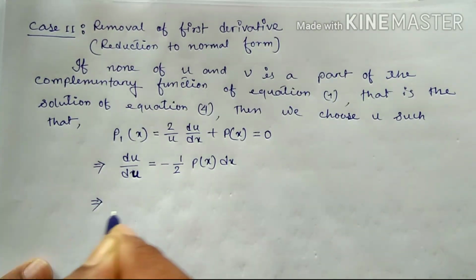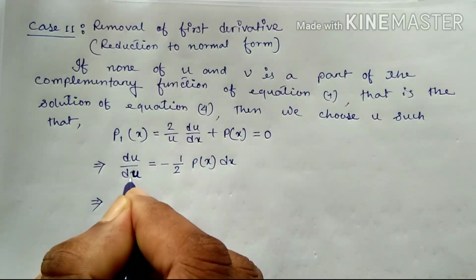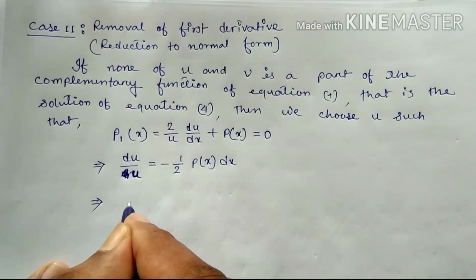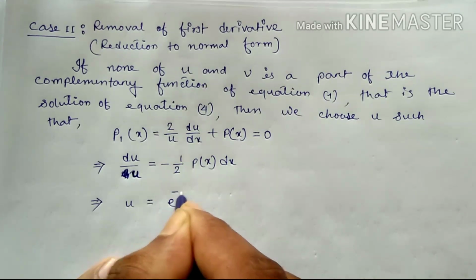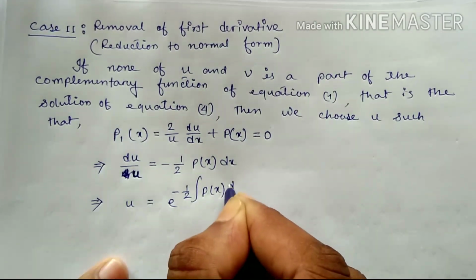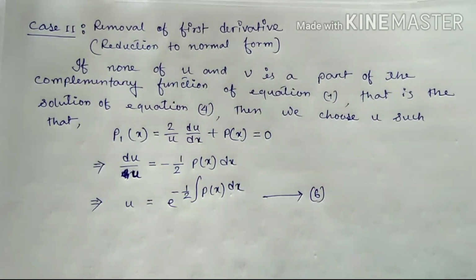This implies that if we integrate, then u is equal to e to the power minus 1 by 2 integration p of x dx. We denote this equation number 6.